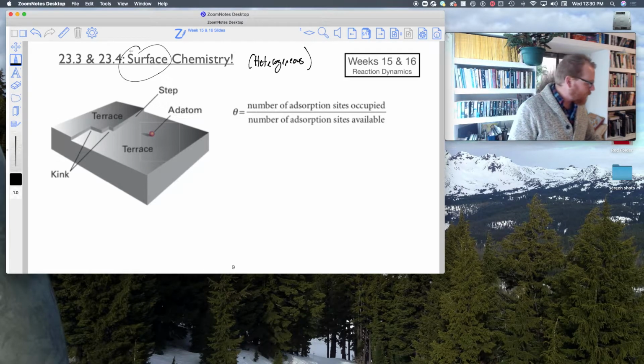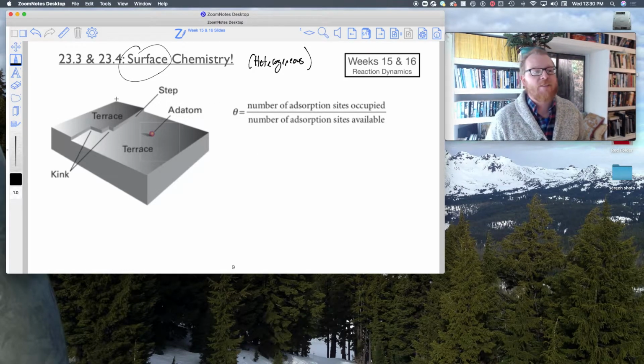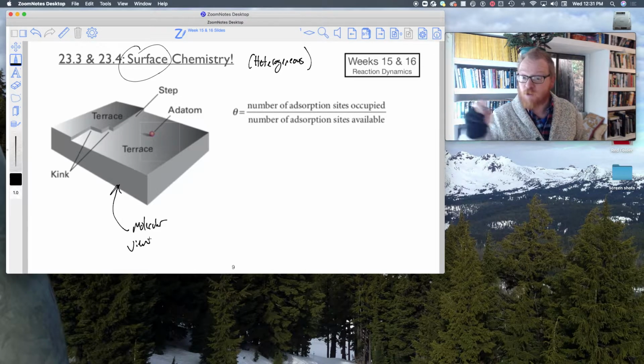Okay, so let's talk about the step, terrace, kink model of a surface. So this would be a molecular view of an interface. Okay, so of a solid, right? The top, let's say, layers of a solid.